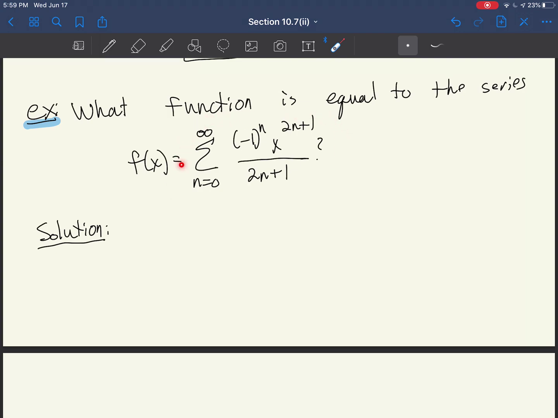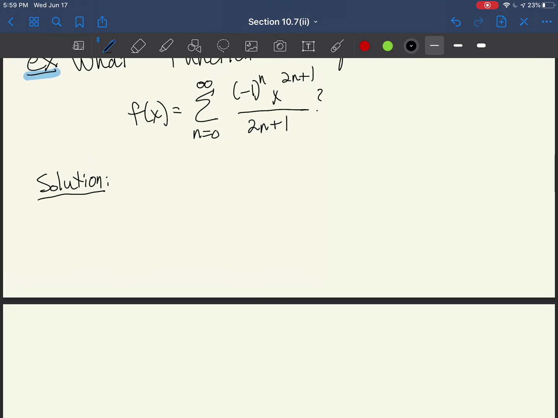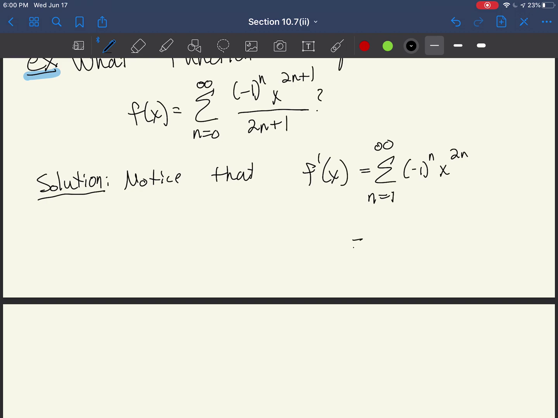Okay, solution. What we're going to want to do is manipulate this to look like a power series that we know or somewhat know. So first, notice that f prime of x, if we were to differentiate this, is the sum from n equals 1 to infinity of negative 1 to the n, x to the 2n.